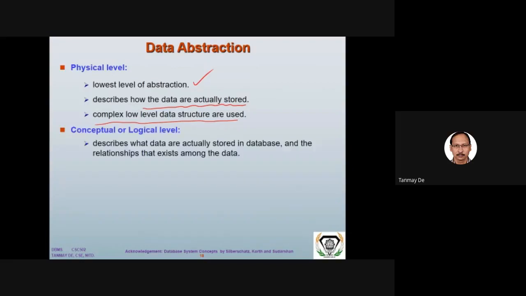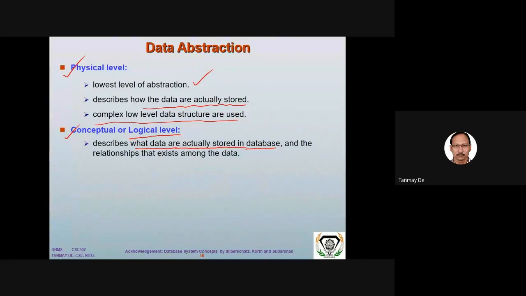The next level is the conceptual level. This level describes what data are stored in the database, and the relationships that exist among the data elements stored in the database.